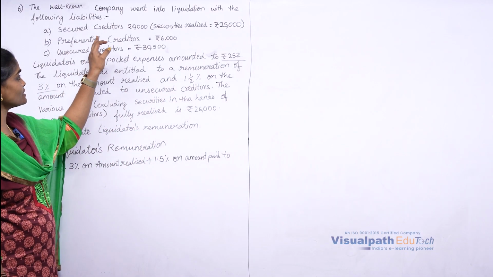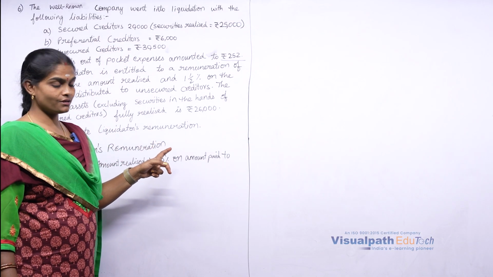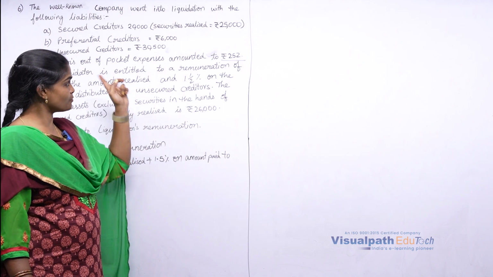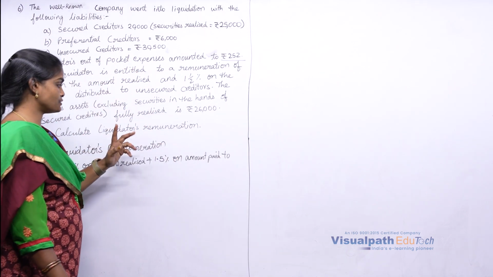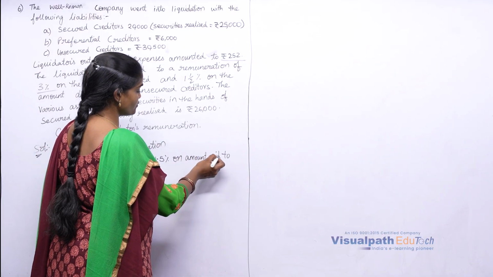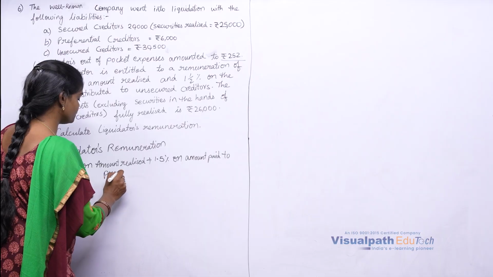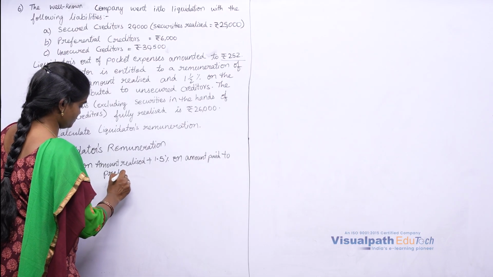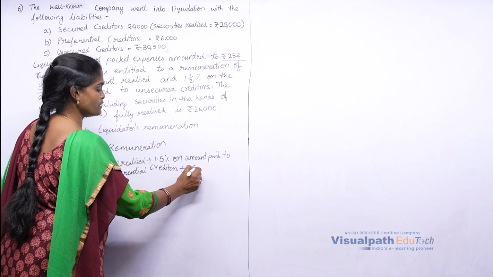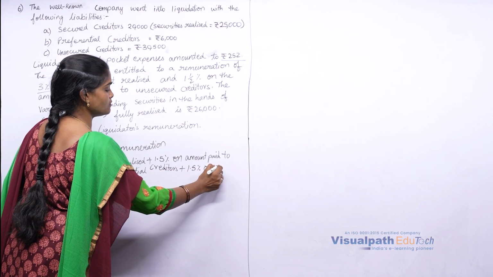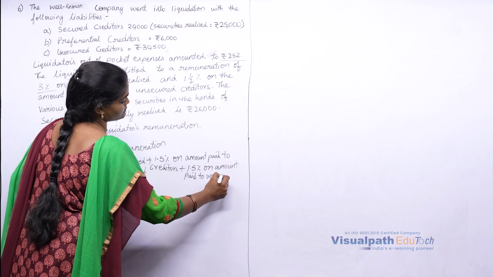Here preferential creditors are also given. Preferential creditors also are unsecured creditors. So 1.5% on preferential creditors and 1.5% on unsecured creditors, both you have to take. So 1.5% paid to preferential plus 1.5% on amount paid to unsecured creditors.